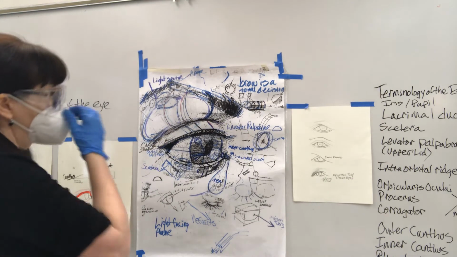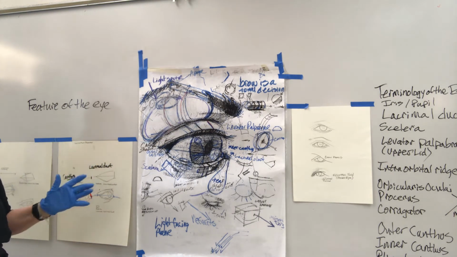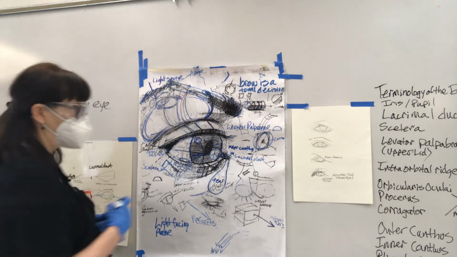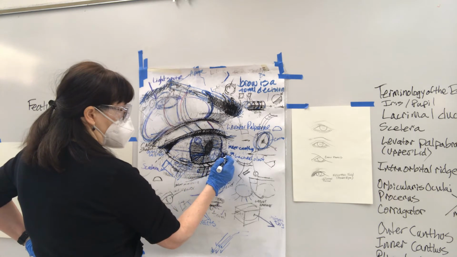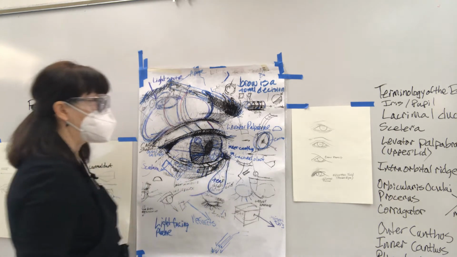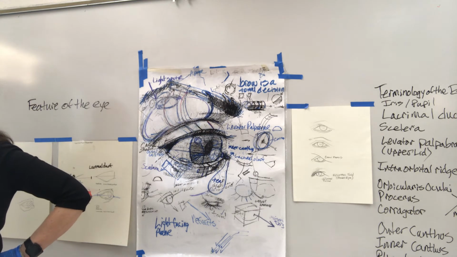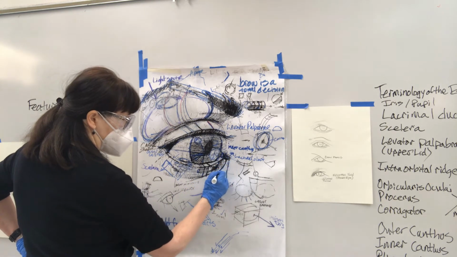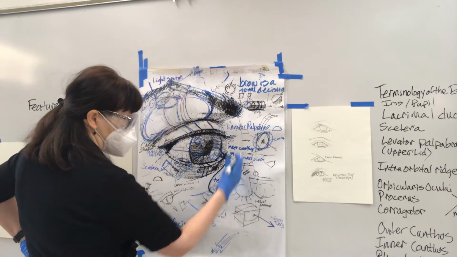Okay, so this is basic. I've talked to you about this before, but I want to make sure that we review, for those of you that were drawing with me in 1260. So right here is the lacrimal duct, or tear duct. We have a lot of different tear ducts located in our sinus cavity, but this is the major one, and it's a tear sac that comes down underneath the ridge of the nose.